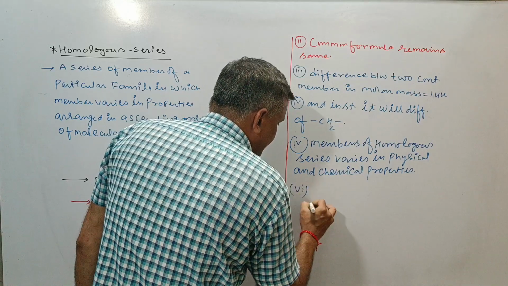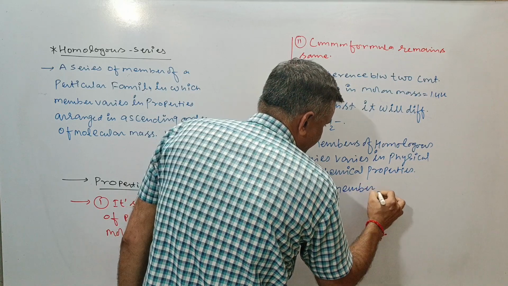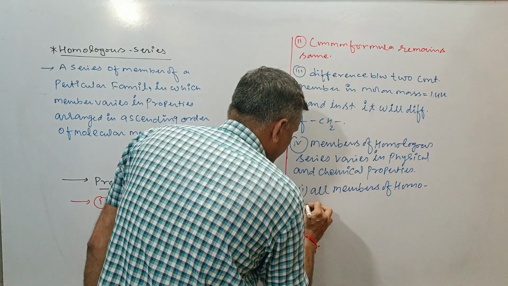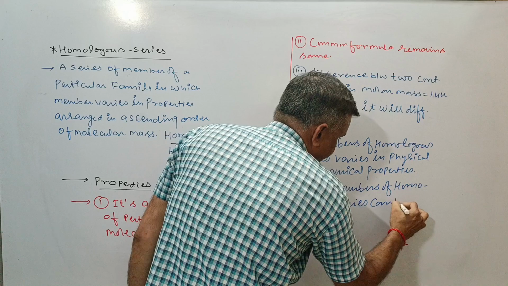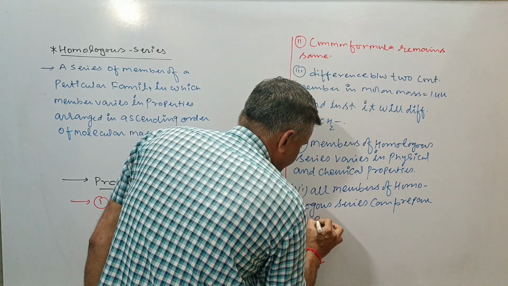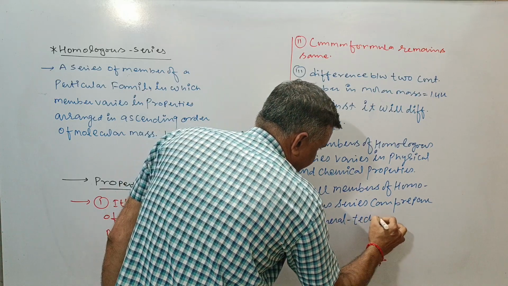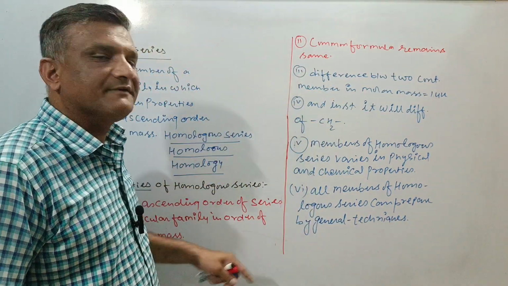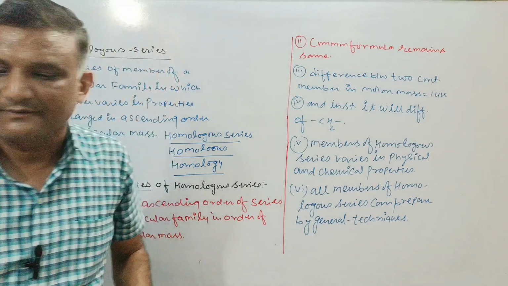Further, all members of homologous series can be prepared by general techniques. This was about the properties of the homologous series. We'll take a lot of examples regarding homologous series also.